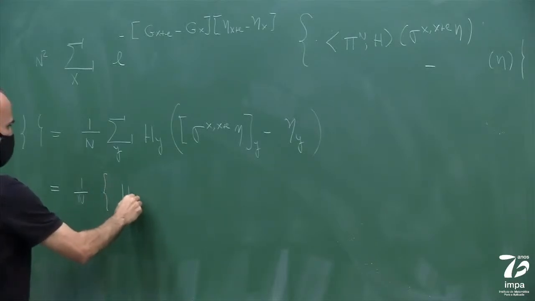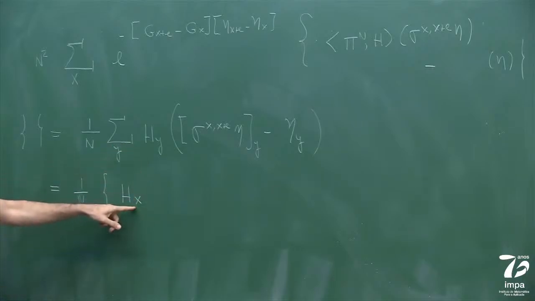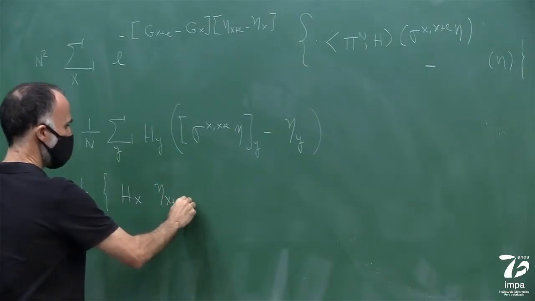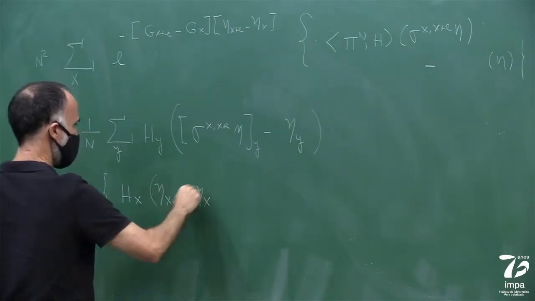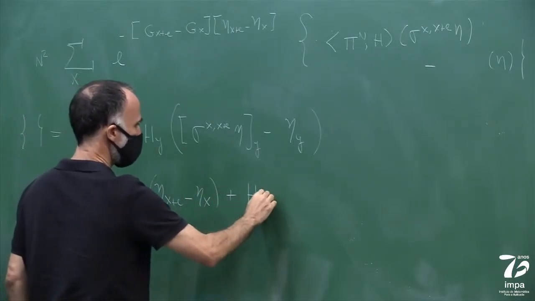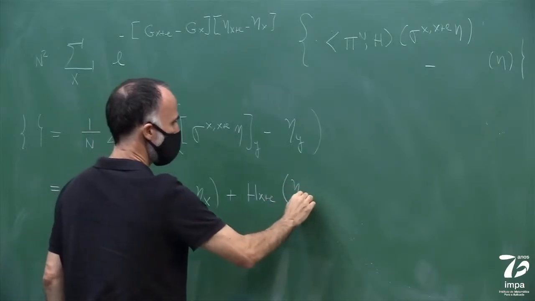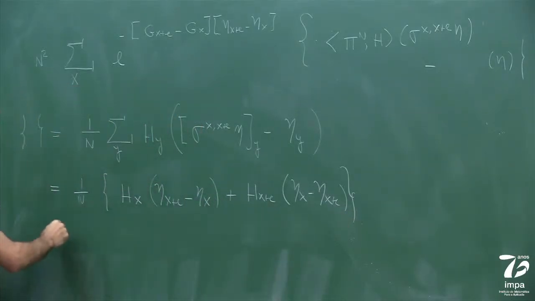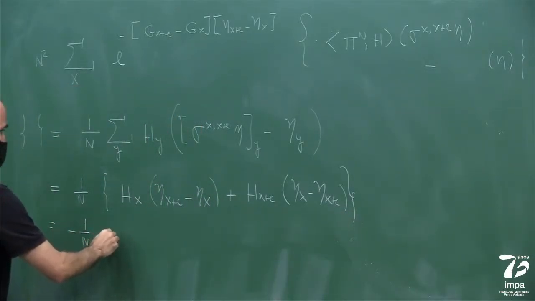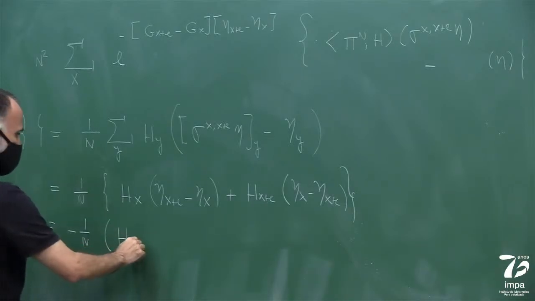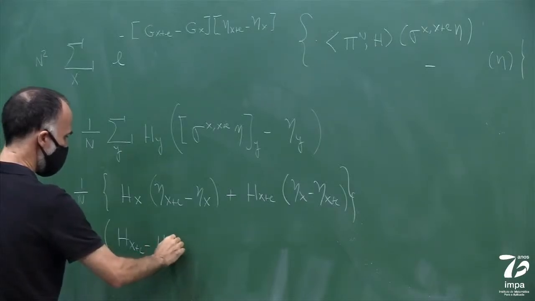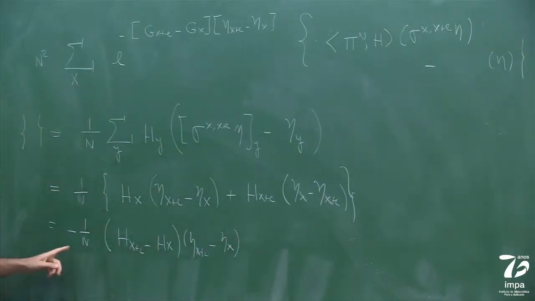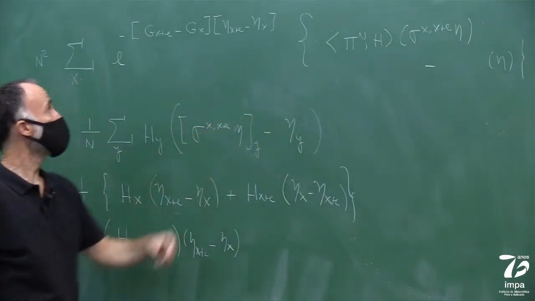The first term is y equal to x. If y is equal to x, then this becomes eta x plus e, and this one x, and then plus y equal to x plus e, and now this is eta x, and this is eta x plus e. Okay, and therefore, we have seen this term many times. This is minus hx plus e minus hx times eta x plus e minus eta x. Okay, so this is the expression which appears here inside braces.